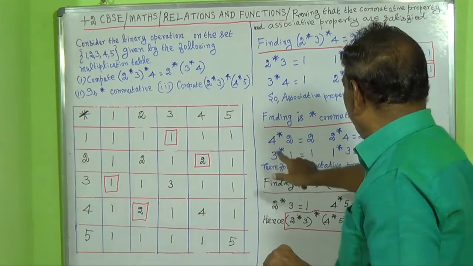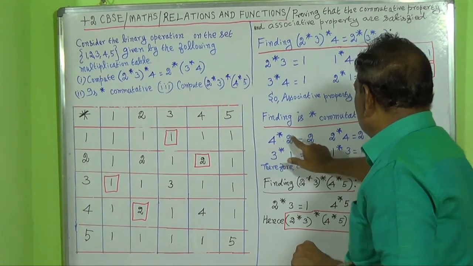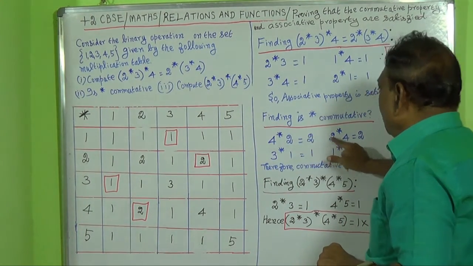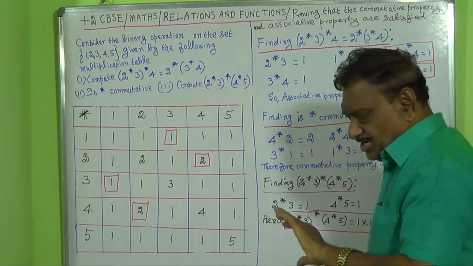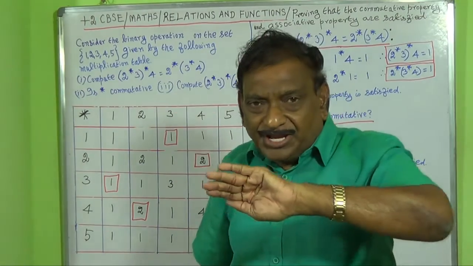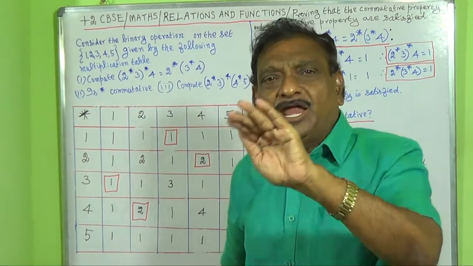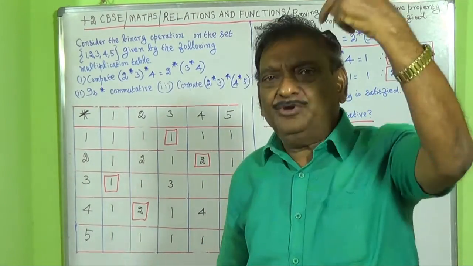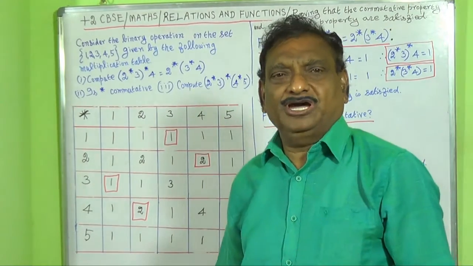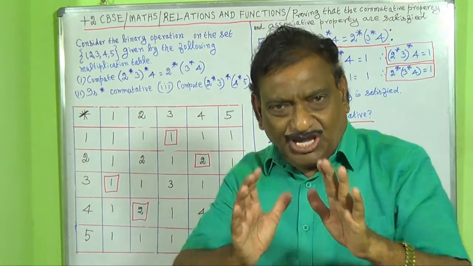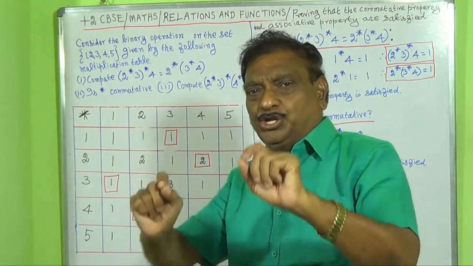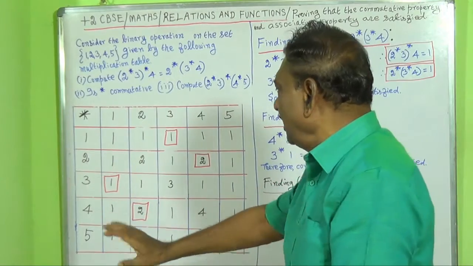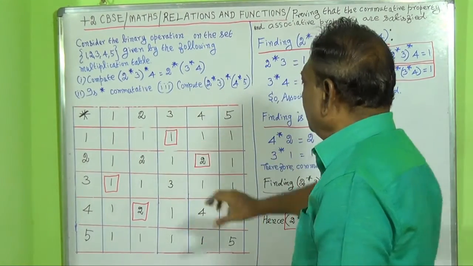In the place of 4, we have substituted 2, and in the place of 2, we have substituted 4. That is, we have interchanged the position of the numbers. Even though we have interchanged the position of the numbers, the result is the same. The result is not changed. So the commutative law is satisfied in the given binary operation.